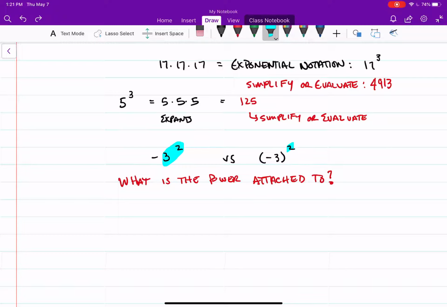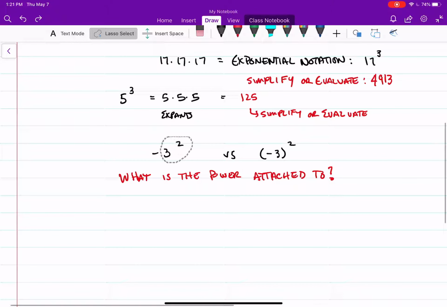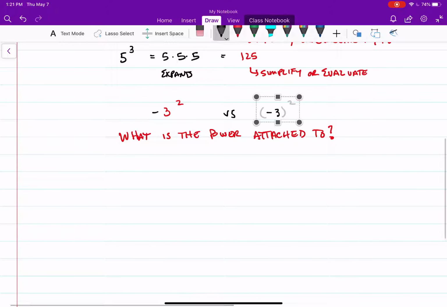On the left, the power is attached to the 3, and on the right, the power is attached to the parentheses. So the one on the left says negate 3 times 3, because 3 squared will be 3 times 3.